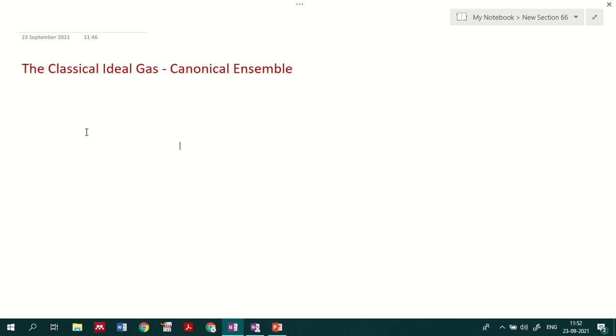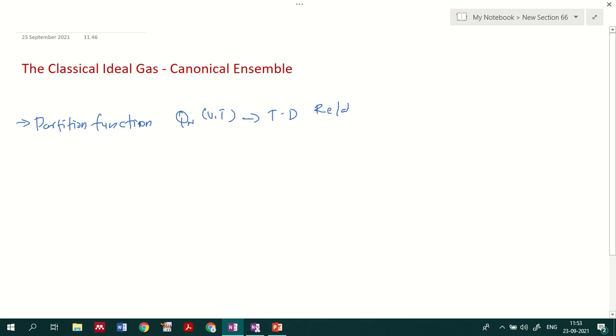The partition function is the total of the energy states of different energy levels. To address a canonical ideal gas, first we need to know the partition function associated with it, which we represent as Q_N(V,T).